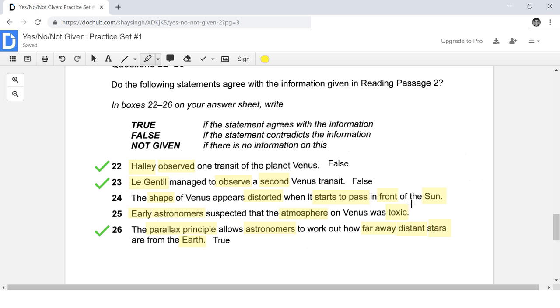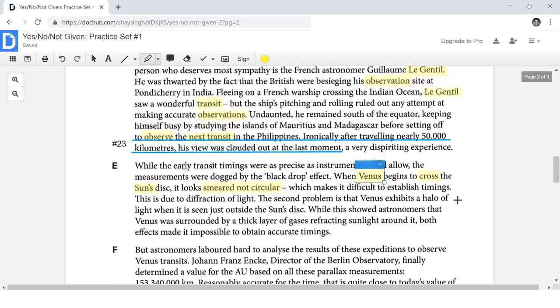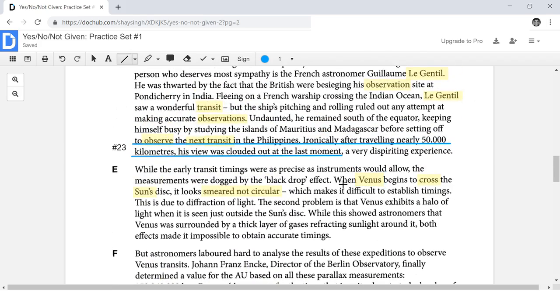When it starts to pass in front of the sun. Guys, what do you think the answer is? Is it going to be true, false, or not given? The shape of Venus appears distorted when it starts to pass in front of the sun. I want to show you the matching sentence one more time, and I'm going to underline it because I already see the answer here, and I want you to take a guess at the answer.